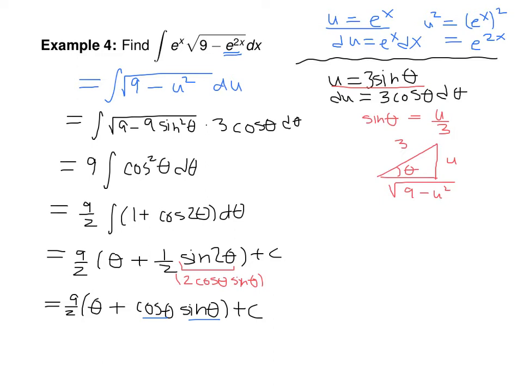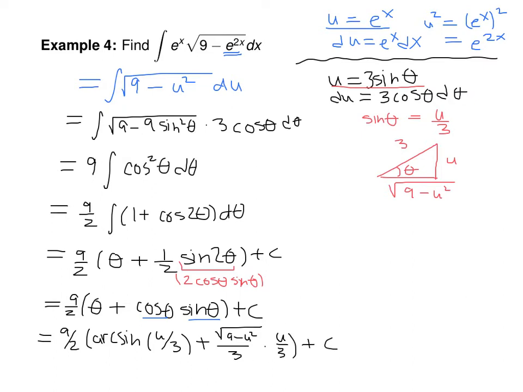And then theta will equal arc sine of u over 3. So I have 9 over 2 multiplied by arc sine of u over 3 plus, now cosine of theta is going to be root 9 minus u squared all over 3. Sine of theta is just u over 3, of course, plus c.